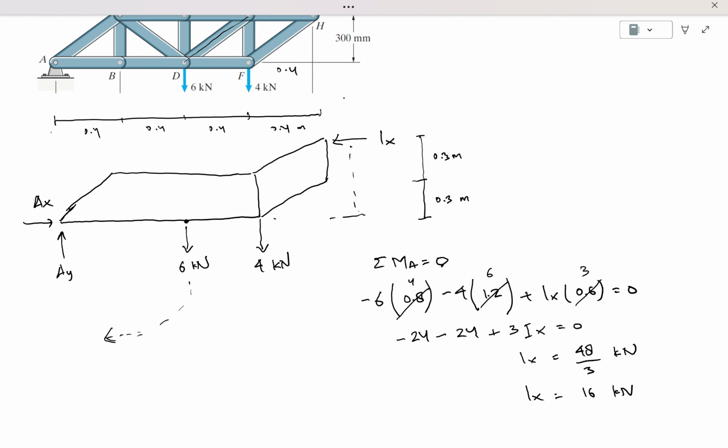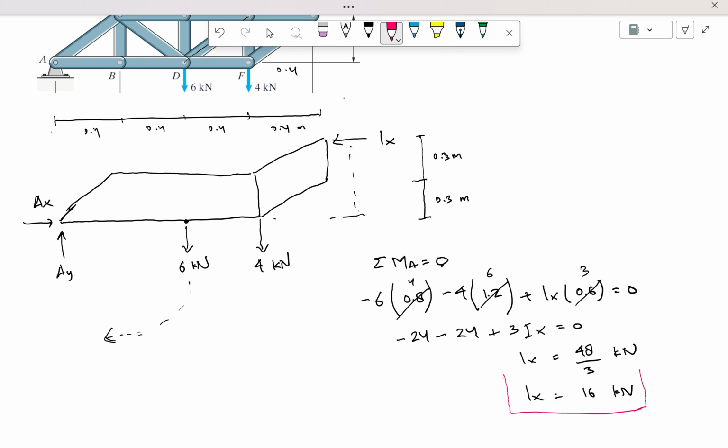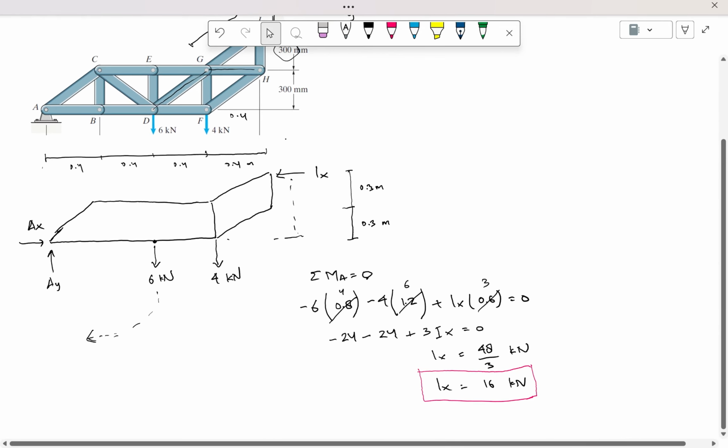Let me mark it with red color, since this is an important finding that we may refer to later when we calculate. That is Ix. So you finished the free body diagram, and you finished finding Ix, and then what we need to do is to find DG by using the method of sections.